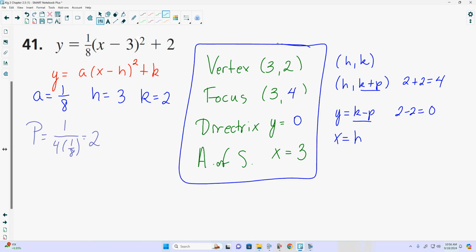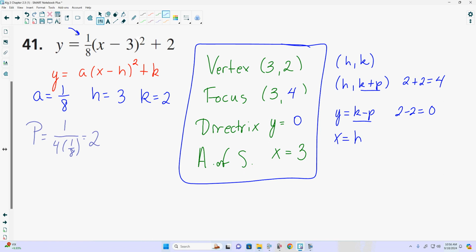The thing that made this very easy is the 1/4A. Is that how it works for all of them? Yeah. In years past, we've had to actually calculate this out, because when we first started, what went in the 1/8 spot was 1/4P.